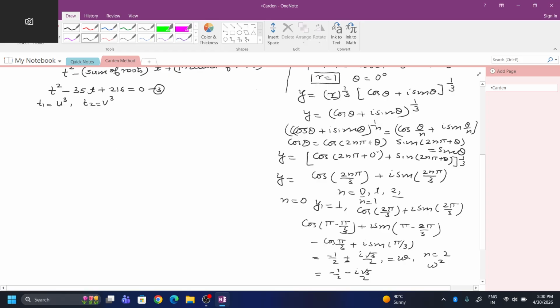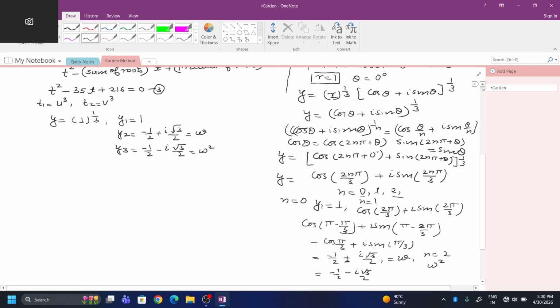So what is the value? y equal to 1 to the power 1 by 3 provides the three roots: y1 equal to 1, y2 equal to minus half plus i root 3 by 2, which is omega, and y3 equal to minus half minus i root 3 by 2, which is omega square.